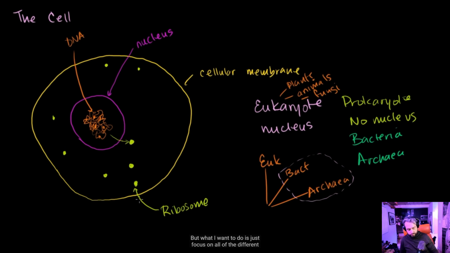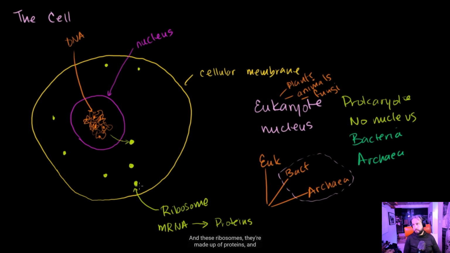But what I want to do is just focus on all of the different parts to give a big picture of things. So ribosomes are where mRNA that gets transcribed inside the nucleus from DNA gets translated into proteins. You can kind of view them as the place where information actually turns into proteins, which then can be used anywhere else in the cell.